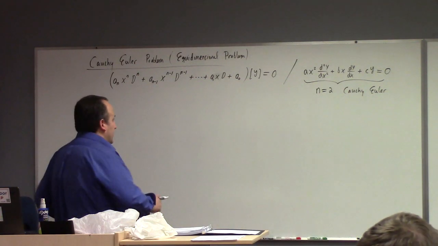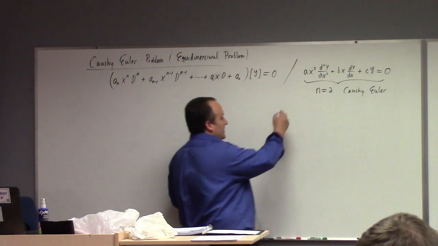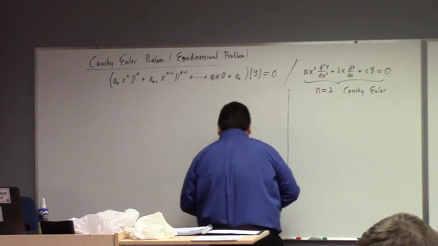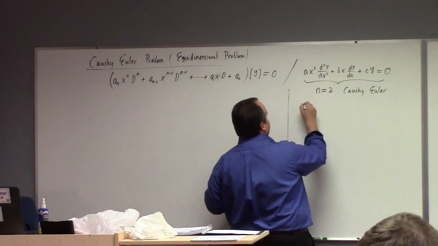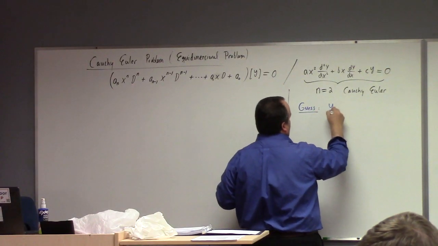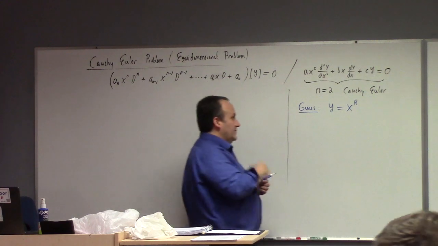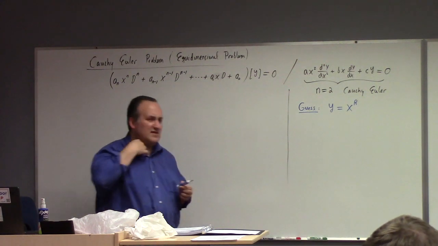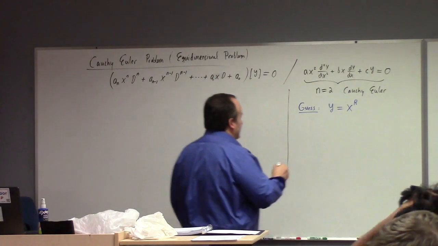Right. So I'll start with the n equals 2 case because it's less formidable. If we make a guess that the solution has the form y equals x to the power big R, because my little r's are hideous, what happens when you differentiate this thing?